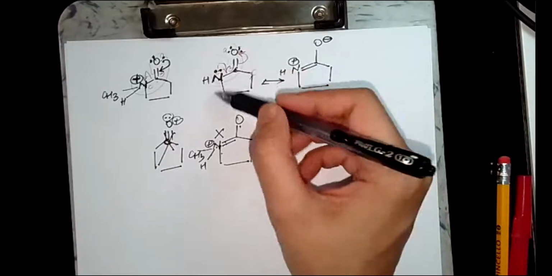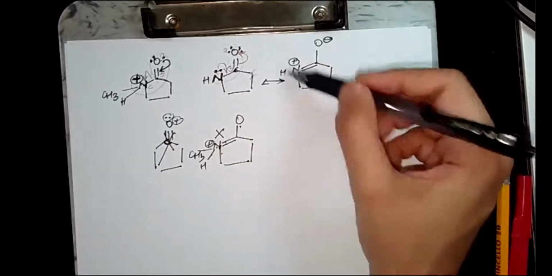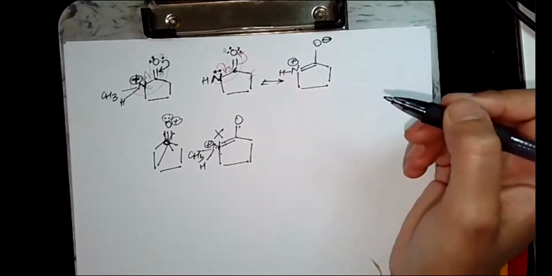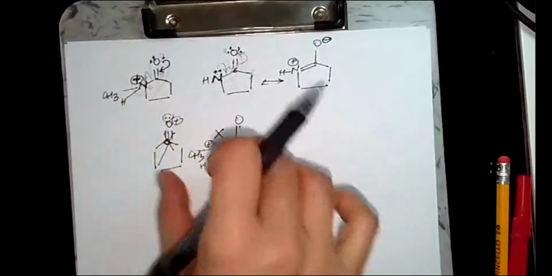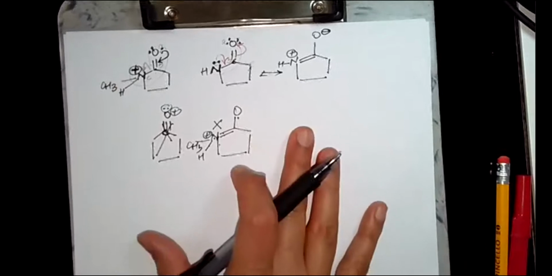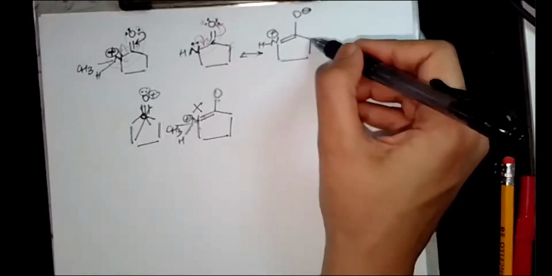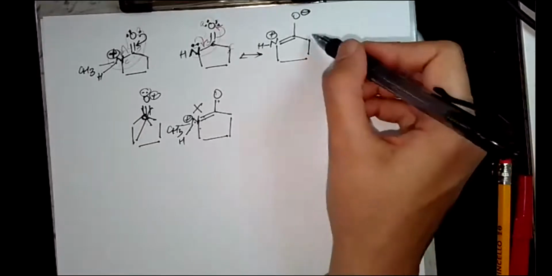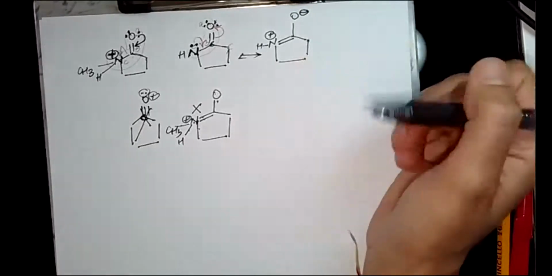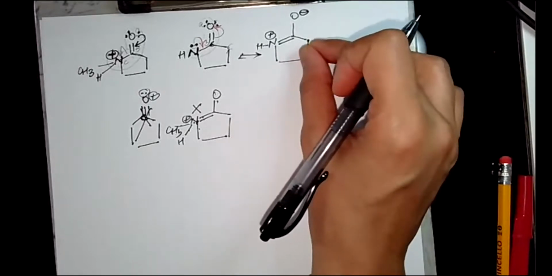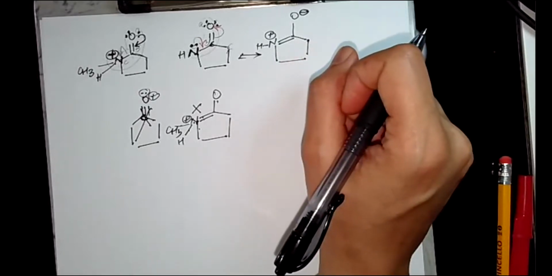Overall charge is neutral. So whenever you're making your resonance structures, be very mindful. You cannot just go and jump anywhere. You need to have some form of accepting atom or some form of donating atom there.